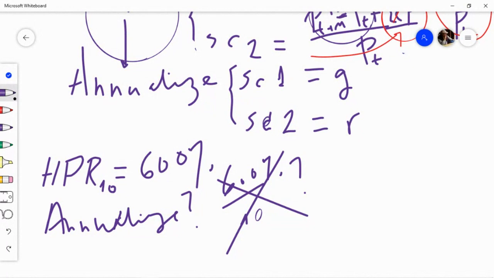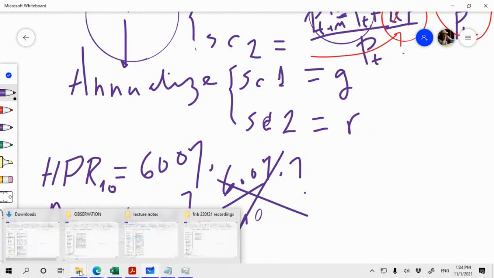And two, over 10 years, let's say year 10, 9, let me just.